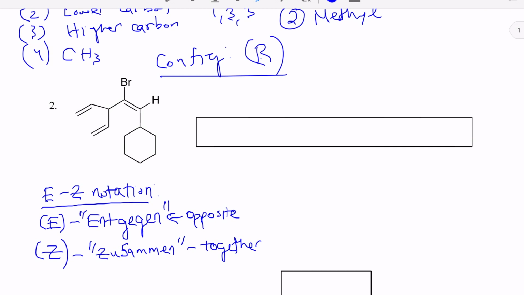In this case, we're trying to find the chain that has the most number of double bonds. When we try looking for such a group, what we find is that we can actually choose this as our parent chain.